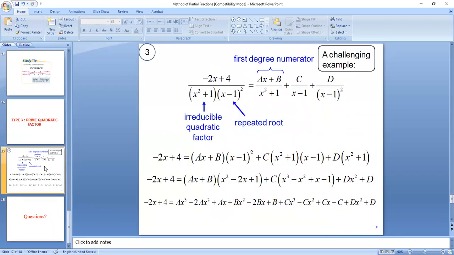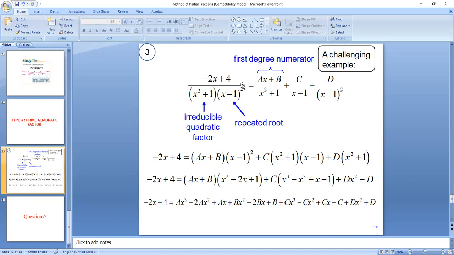So actually, this is already a challenging example. Let's say this is your expression, and your denominator has this x squared plus 1. This is an irreducible quadratic factor, meaning you cannot have this simplified further. It's a standalone quadratic.